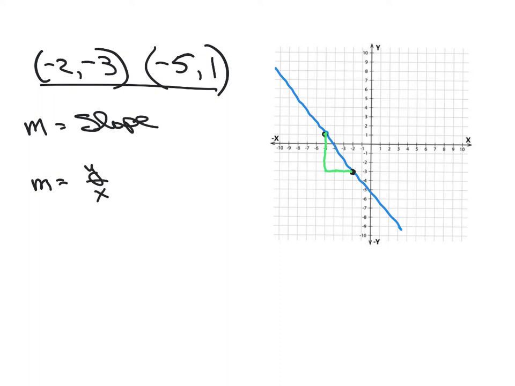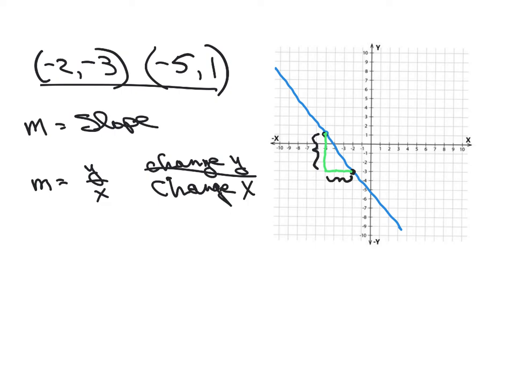Remember what we did in the last drawing, example 1, I showed a y over x. But remember I said it was the change in y. So it's the change in this y over the change in this x. So it's actually the change in y over the change in x.